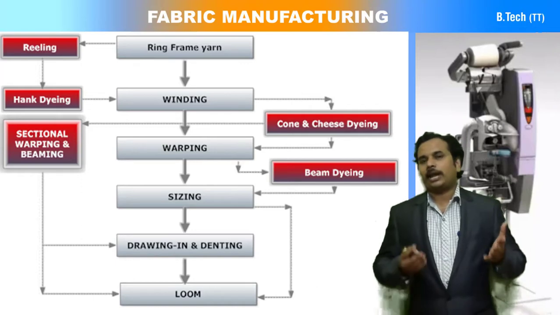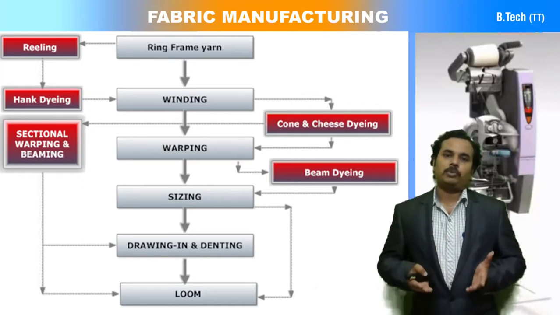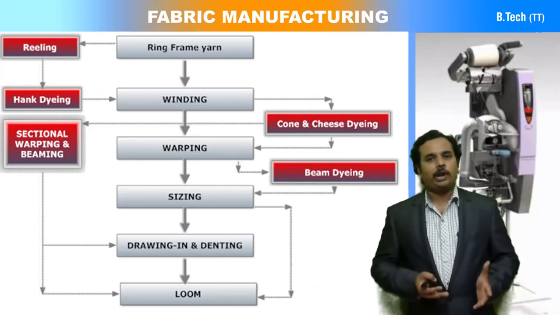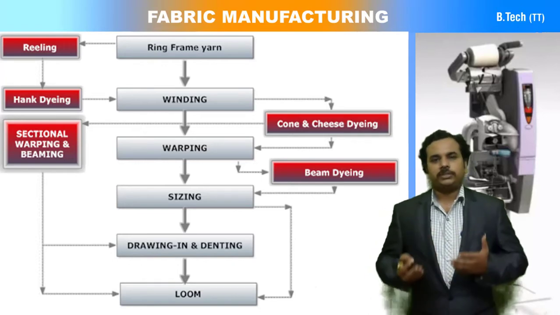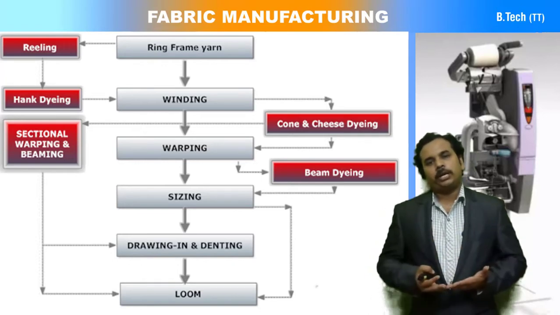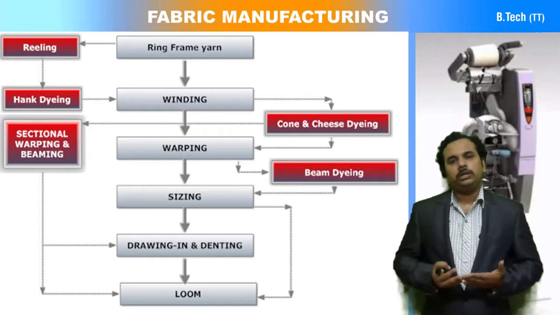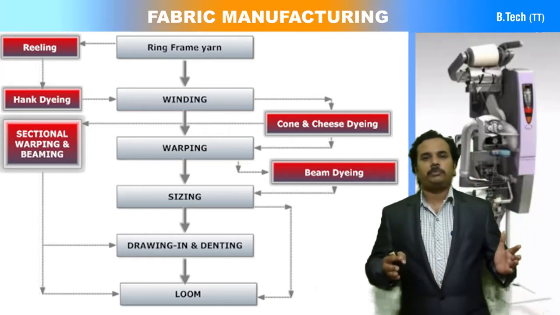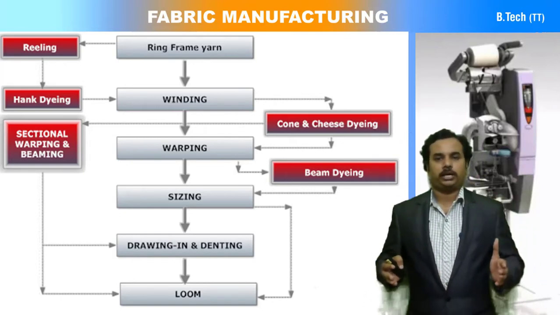There are a number of shuttle looms, like hand looms, and after that we have semi-automatic looms, then automatic looms. So we have different types of shuttle looms in the category.